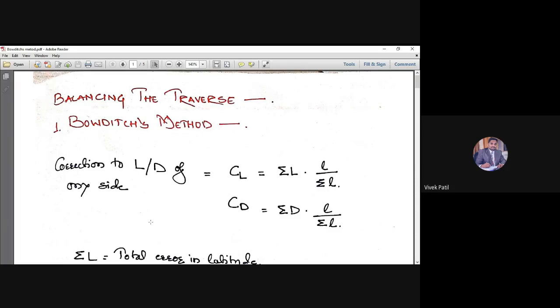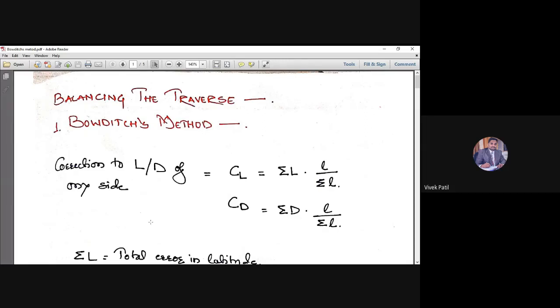After that, we also calculated the independent coordinates, that is, in the northing and easting. That part we have done in the previous session. We formed one individual table, and at the last we saw that there was a closing error, and how to calculate it.